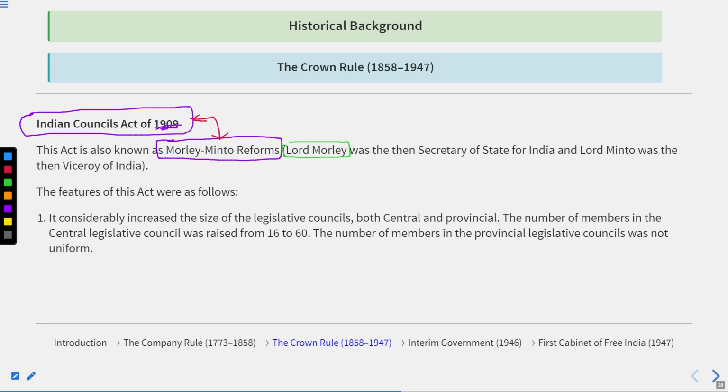And we had discussed in the previous lecture also, like the Viceroy was responsible for the crown of the Britain, and the Secretary of State for India was responsible for whom?